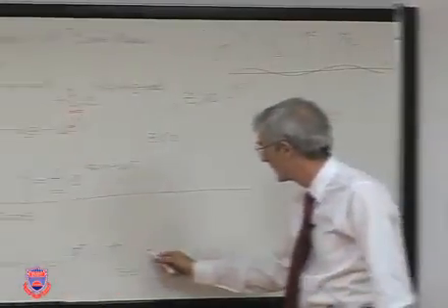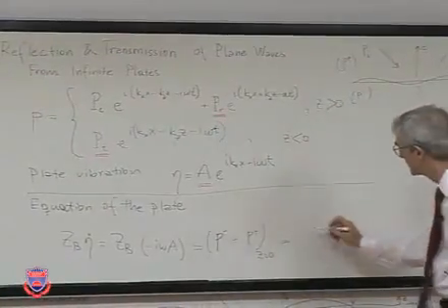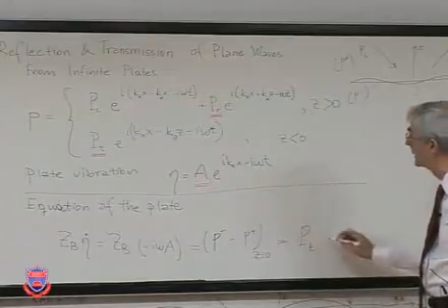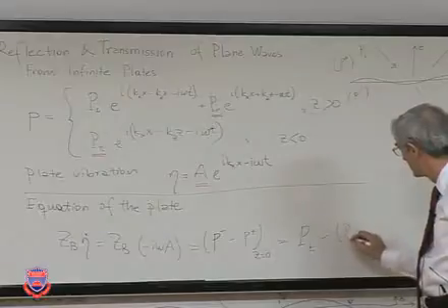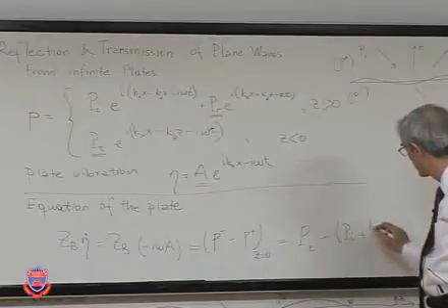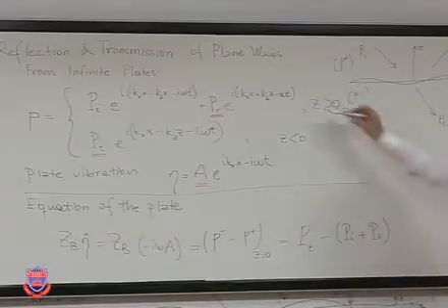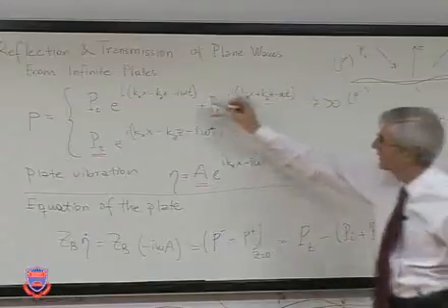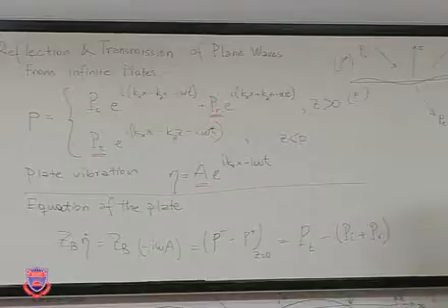Okay, and what are these? If you look at up here, then you have transmission minus incident and reflected amplitudes. Okay, we're dropping these because this is 0. kx minus omega t, they're all the same, so we're not even writing them.